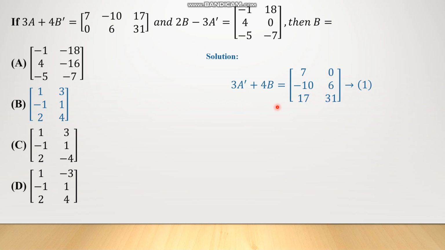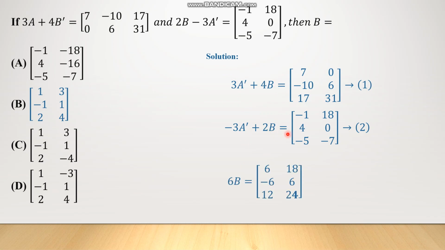So I will take this as the first equation, and I will keep the second equation as it is. I won't change it. Now, if you want to solve this, you just add equations 1 and 2. 3A dash minus 3A dash cancels. 4B plus 2B will be 6B. And when you add these, we get 6, minus 18, minus 6, 6, 12, 24.